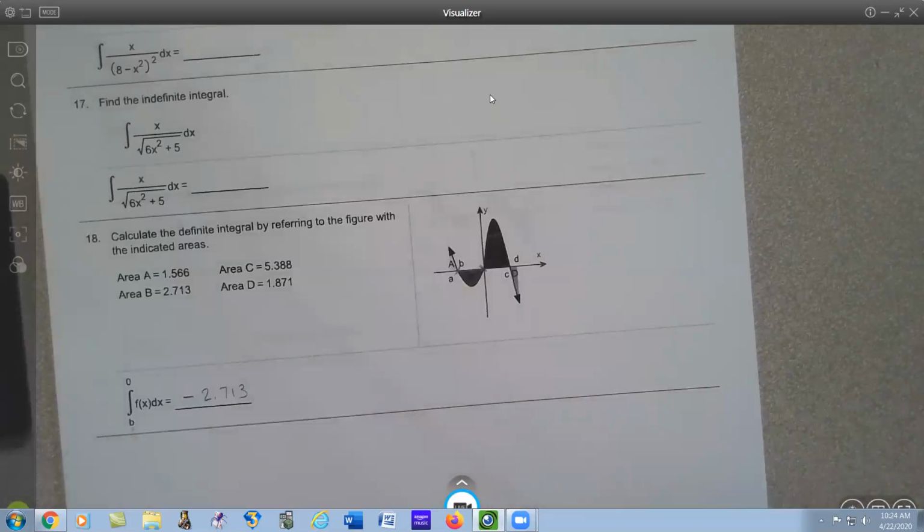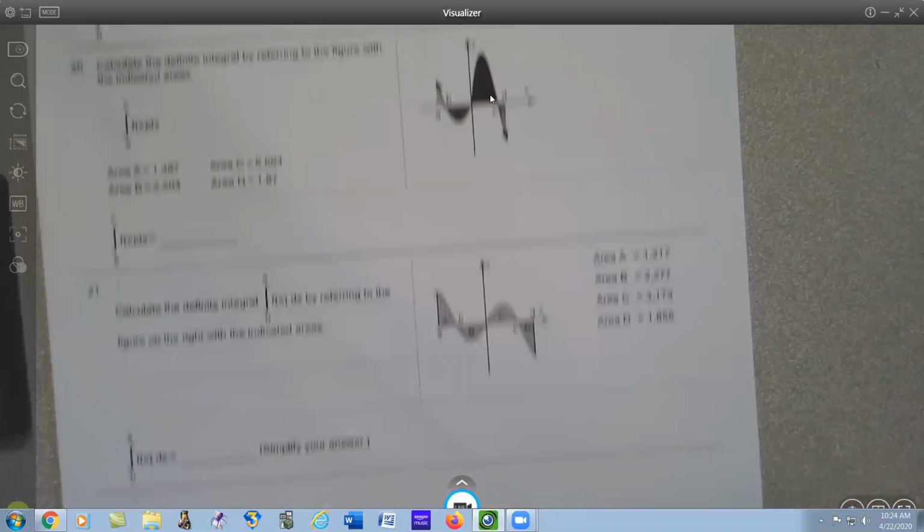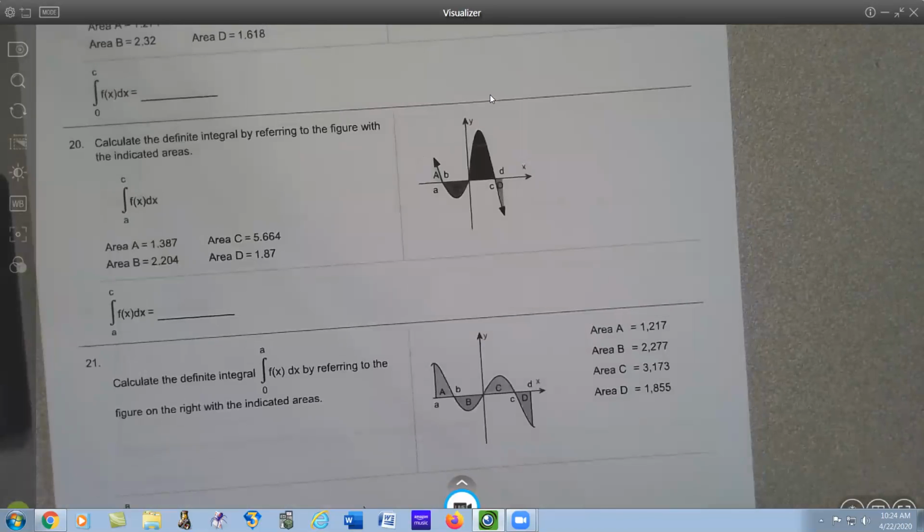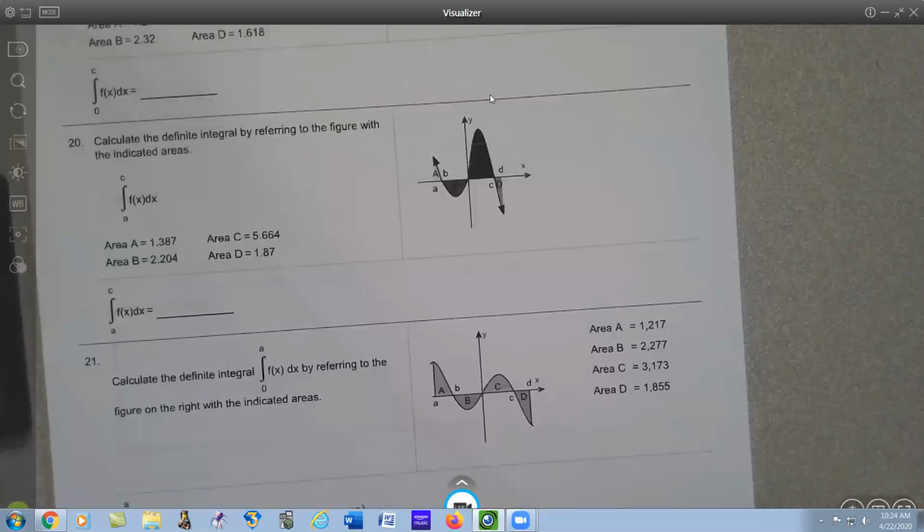There is no word here about area, no word at all. There's going to be some on there, at least 2 that I know of. All I'm asking you to do is be careful.